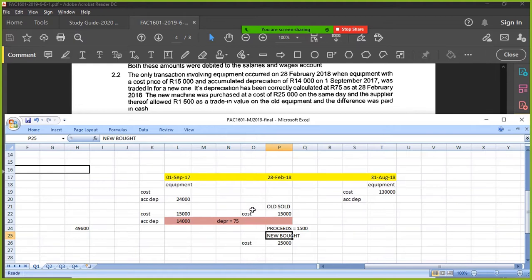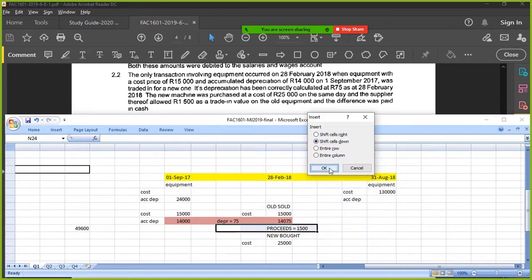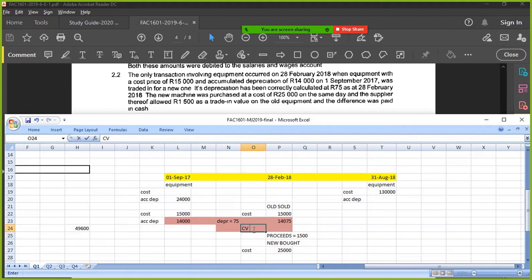Perfect. Now you've got everything. You've got the diagram. There's the cost. There's the accumulated depreciation at the beginning. They tell you that 75 Rand was the depreciation, so 14 plus 75 gives you that figure. Let's move this down. Carrying value is 925.